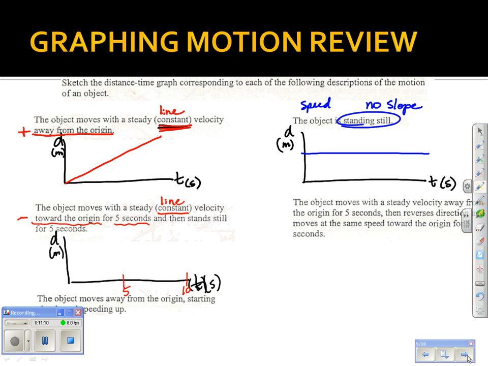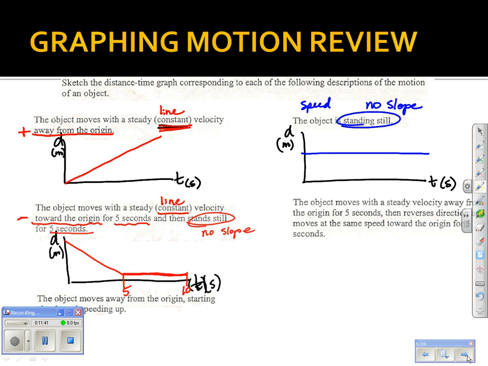So it's going to move with a steady or constant velocity towards the origin, which makes it a negative. And then it's going to stand still for 5 seconds, which means it has to be a horizontal line. So that's how it would look. We would go down, we'd have a negative sloping line, and then standing still means no slope. So a flat line for 5 seconds.